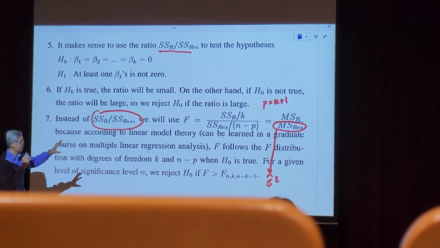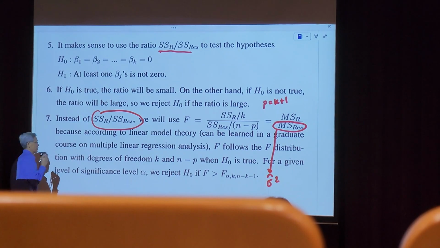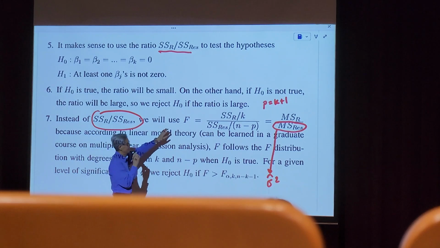And because of that, the ratio follows the F distribution, according to one of the results in distribution theory that I summarized for you in chapter 3B. So that's what we use to get this F statistic.